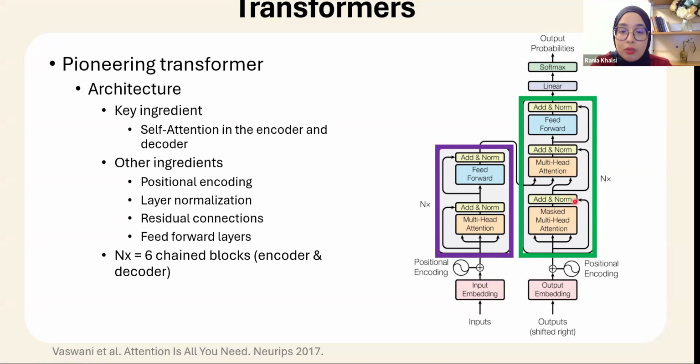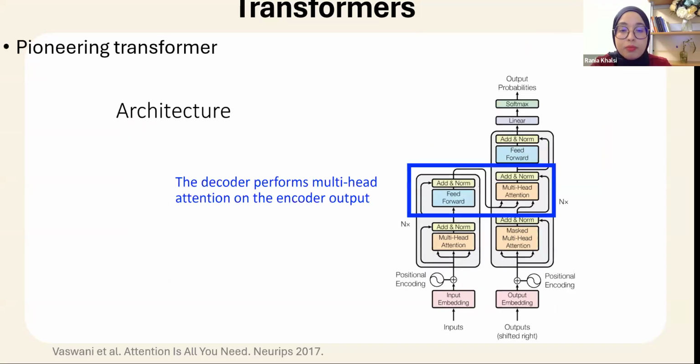So finally, each block includes a feed forward network. See here, this is the feed forward for the encoder, and this one is for the decoder. That is also followed by normalization. You see here add and norm. So this repeating block structure is what forms both the encoder and decoder in the original transformer model.